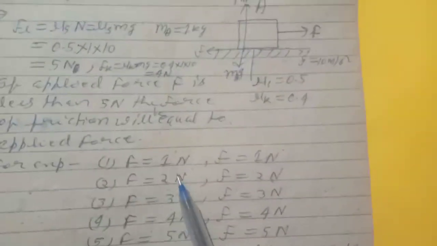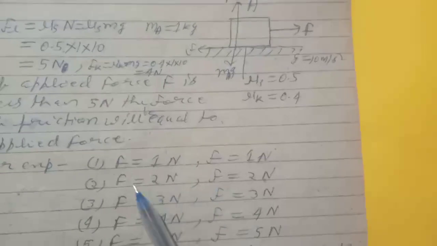When the applied force is 2 Newton, the force of friction acting on the body is also 2 Newton. When F equals 3 Newton, friction becomes 3 Newton. When F equals 4 Newton, friction becomes 4 Newton. When F equals 5 Newton, friction becomes 5 Newton.